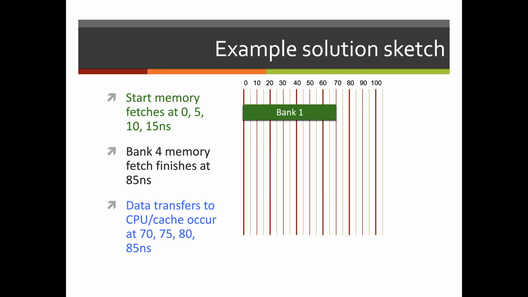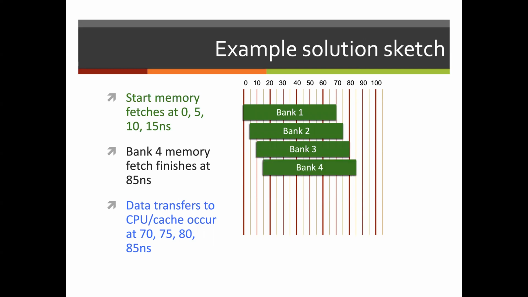So the bank 4 memory fetch finishes at 85 nanoseconds. And then we'll have appropriate data transfers occurring to the CPU cache at 70, 75, 80, and 85 nanoseconds. And so bank 4 will finish at 90 nanoseconds.